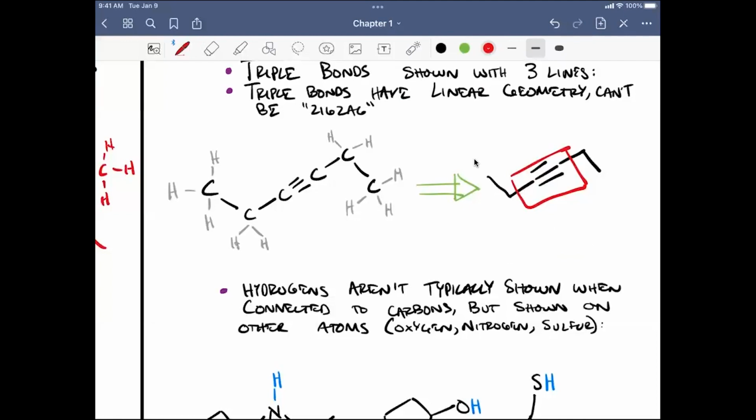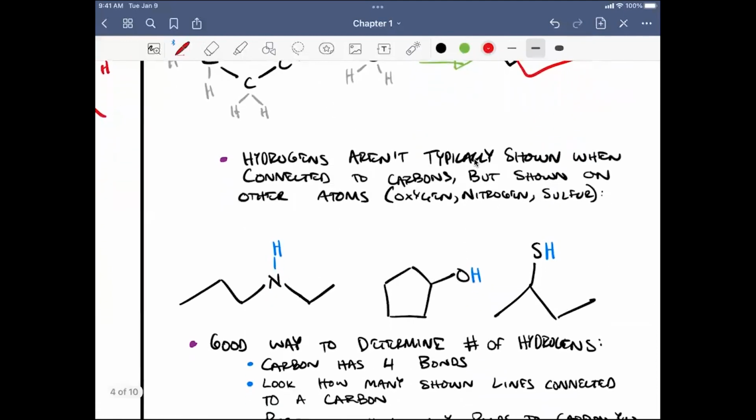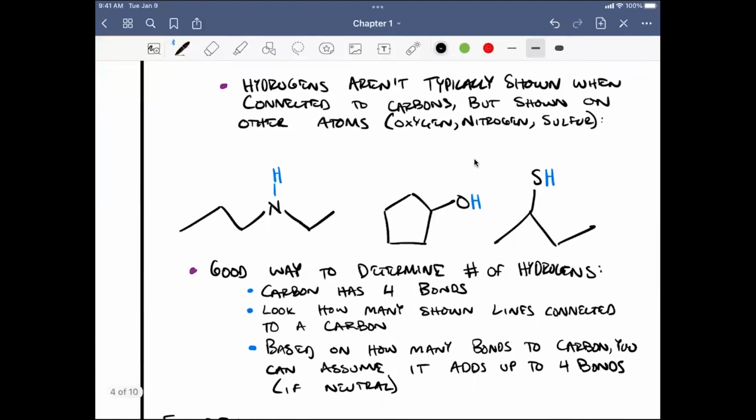You don't show the hydrogens when they're connected to carbons, but when you show them to other atoms that are not carbon, you do show them. So for nitrogen, oxygen, sulfur, if you have a halogen that has a hydrogen attached to it, you show that as well. So anything that's not a carbon, you show in your bond line structure, and that's what's shown here.